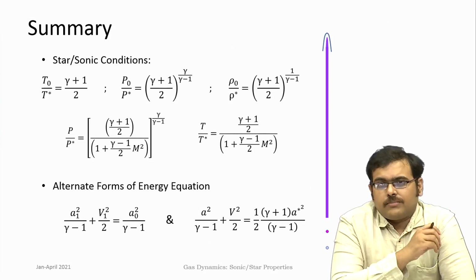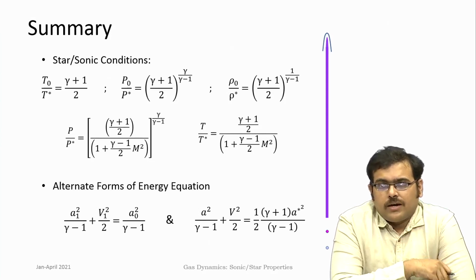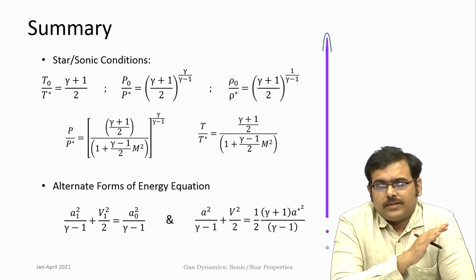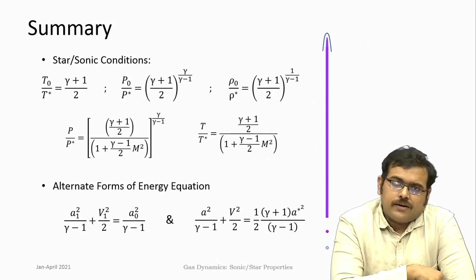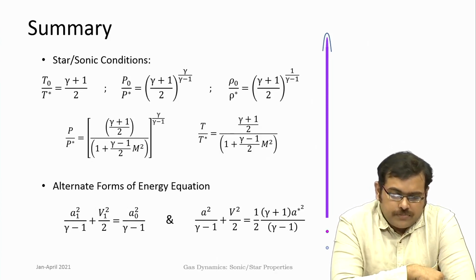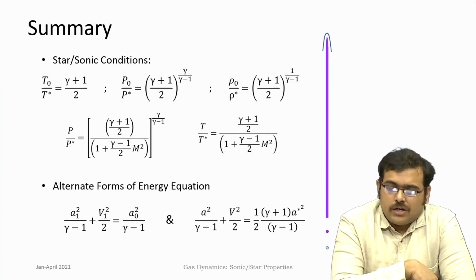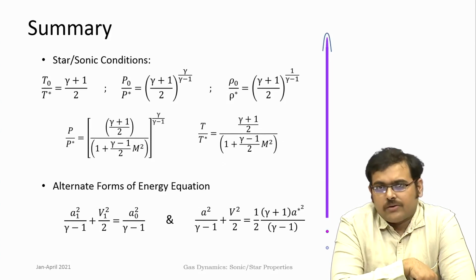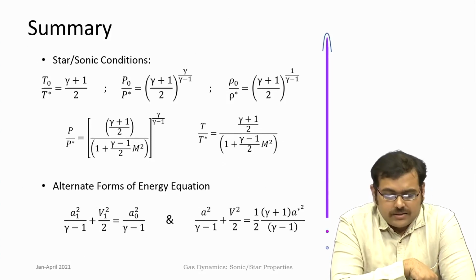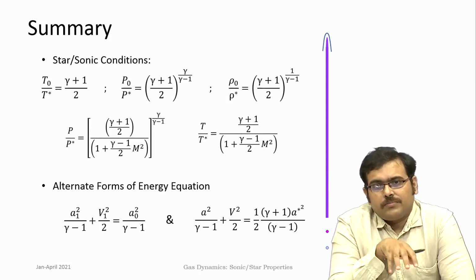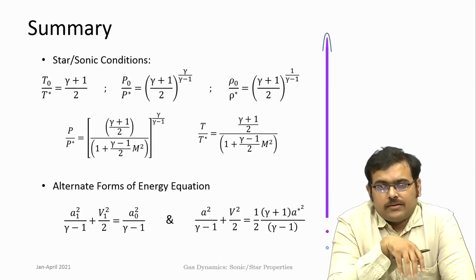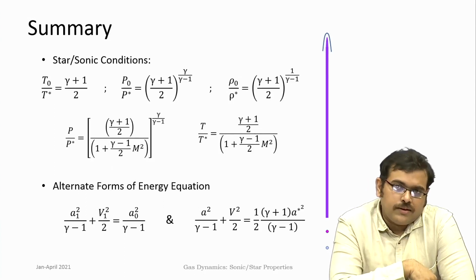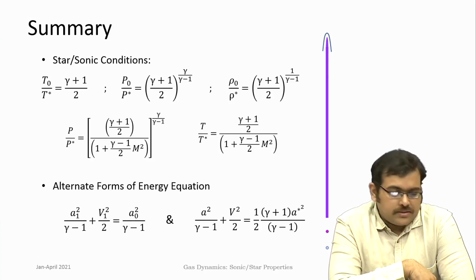So Mach number equal to 1 is also referred to as the critical point, because it is a switchover point between these different regimes. The equations we have derived from basic principles for a perfect gas, and how the energy equation can be written in terms of speed of sound and velocity, will be useful in analyses in the classes to come.